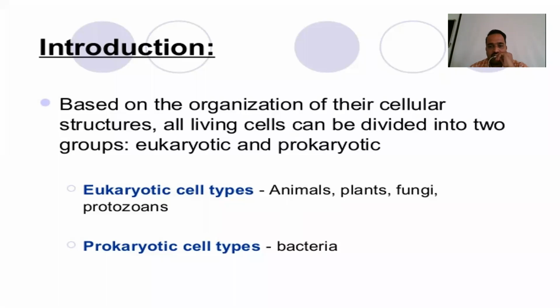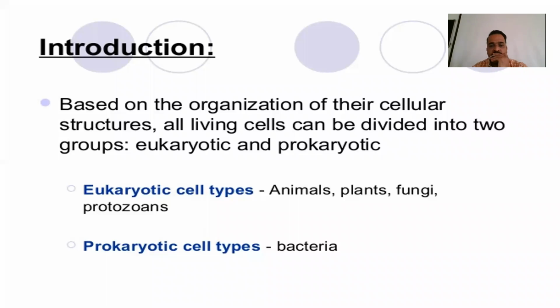The eukaryotic cell types are animals, plants, fungi, and protozoa. And the prokaryotic cells are the bacteria. So these are the two basic classifications of cells, eukaryotic cells and prokaryotic cells.